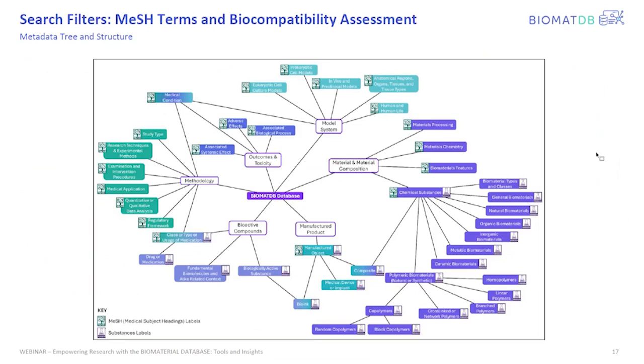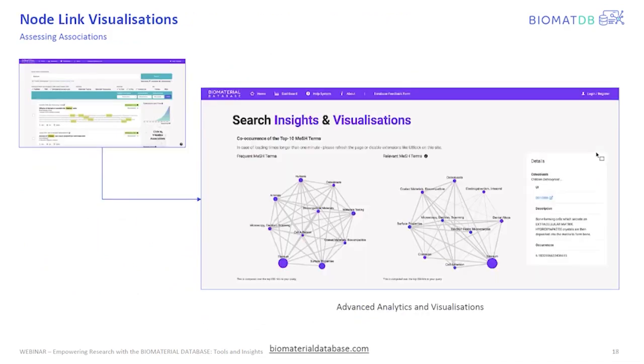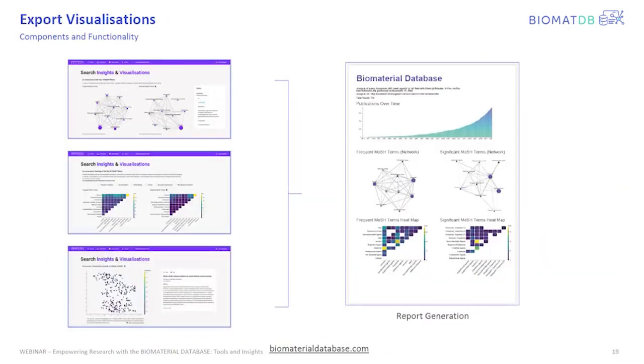Maybe we can go to the next slide. Here we can see an example of how these search results will then be visualized on the right-hand side. But I guess, as you mentioned, Athena, it's better to look at this with a live demonstration, then we have enough time and can also play around a bit with these visualizations. If we go to the next slide, we can see these different visualizations that we have on the left-hand side.